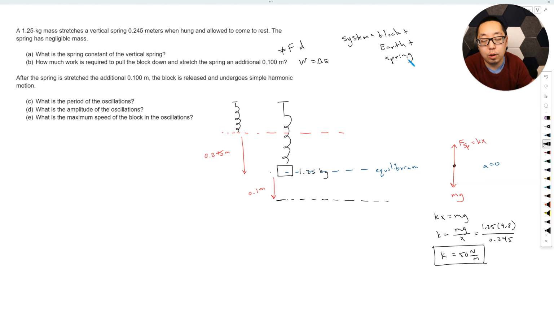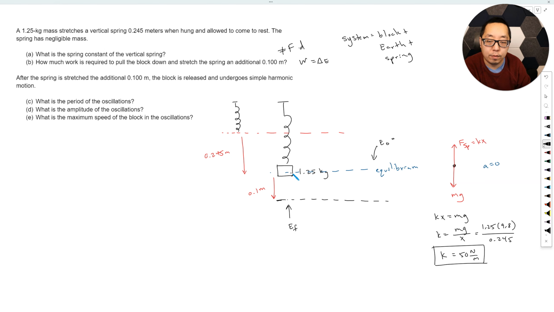So we include all three things, and then the only work to go from here to here is the work that I do. There's no work done by gravity and no work done by the spring force, because they are internal to the system. So we just need to think about the change in energy from this point to this point. Let's call this the initial energy, and this point here the final energy.